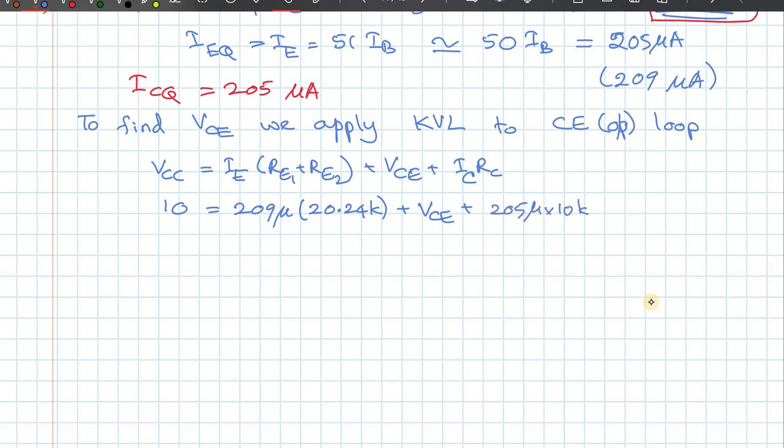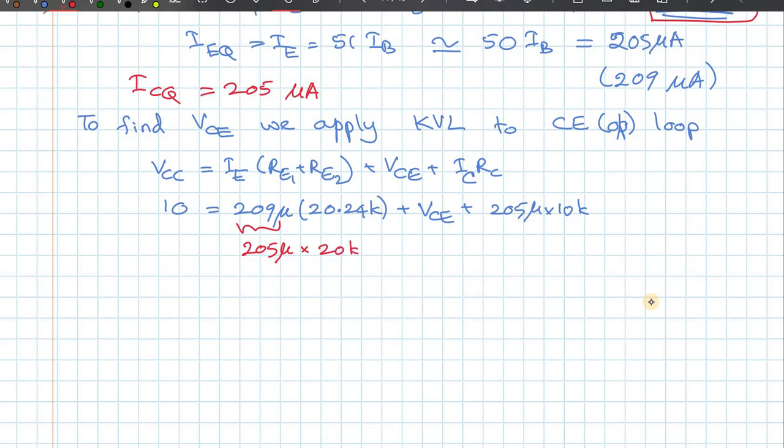So this is the exact equation from which you can find VCE, but IE is roughly about 205 microamperes, so we can combine terms, and this is about 20K.